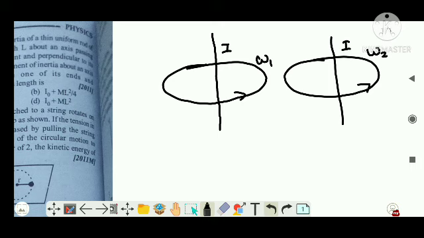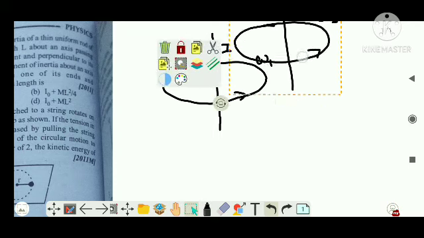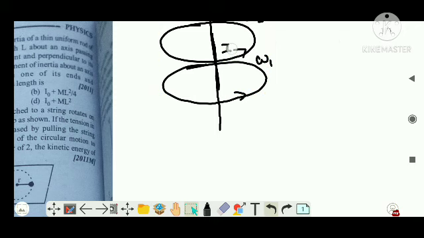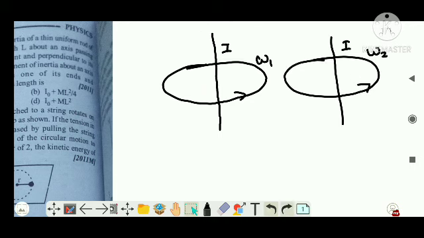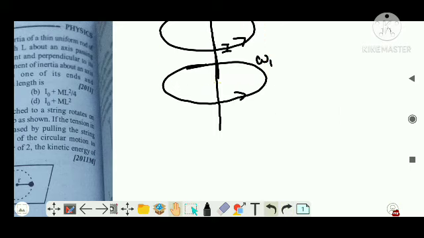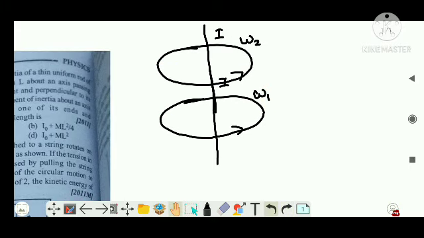Now it is said that both are moving in this rotatory motion, and if this one is brought like this, they are face to face and their axis of rotation has coincided. I hope you understood what happened. So what will be the loss in kinetic energy?